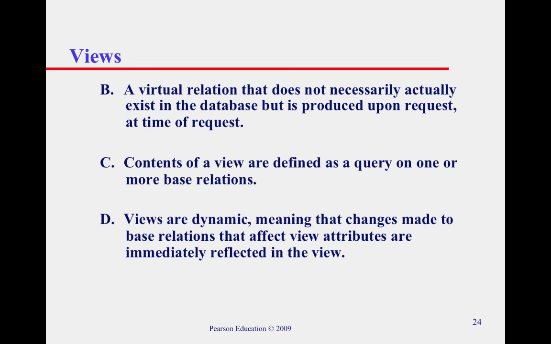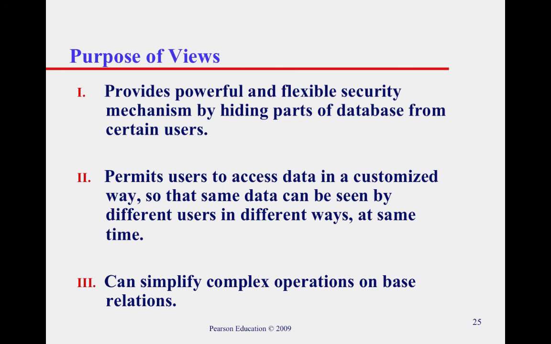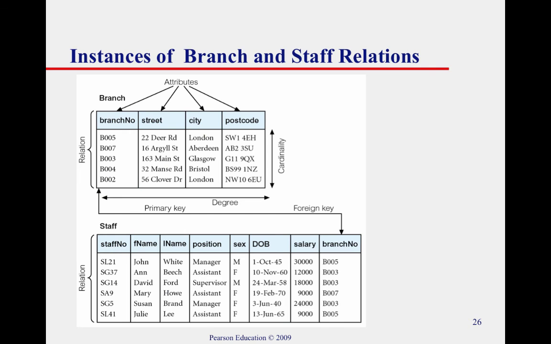So theoretically, the query is re-executed each time that the view is requested. So that's C, the contents of a view are defined as a query on one or more base relations. And they're dynamic, so if a change is made to the underlying base relation, then the view should be immediately updated. Okay, we've already talked about why we have views.